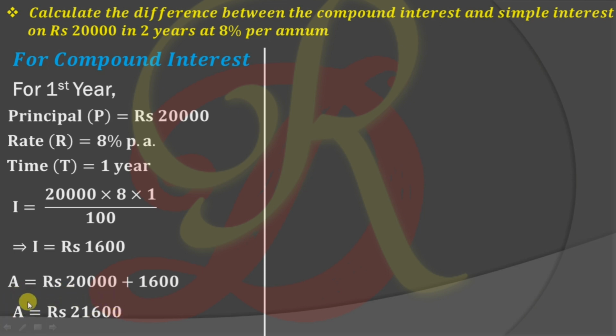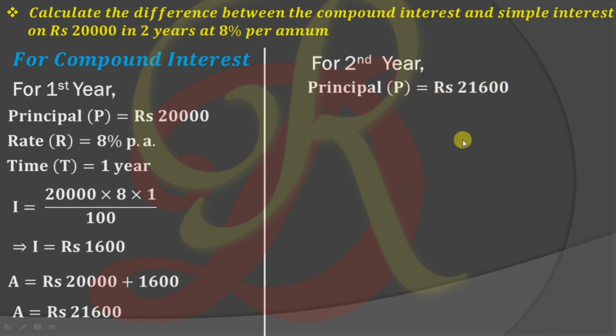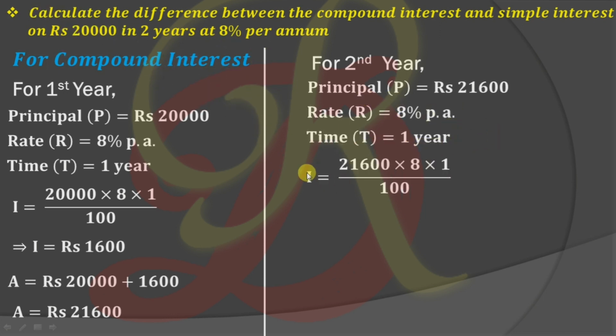This amount at the end of first year becomes the principal for the second year, that is 21,600. Rate is 8% per annum, time is 1 year. So interest is equals to 21,600 into 8 into 1 whole divided by 100. These 2 zeros will get cancelled. 216 into 8 is equals to rupees 1,728.